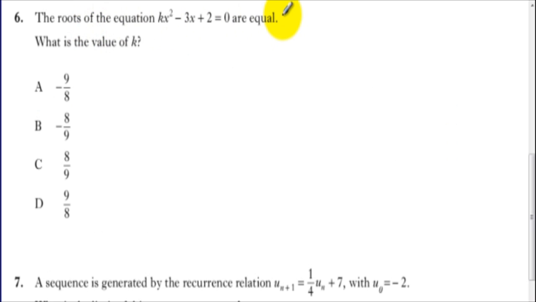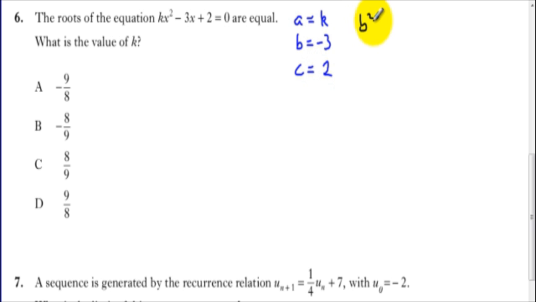The roots of the equation are equal, and the condition is that b squared minus 4ac would be equal to 0 for that. But first of all, we need to write down the values of a, b and c from the quadratic. Value of a is what's multiplying the x squared, so that's k. Value of b is -3, and the value of c will be +2.